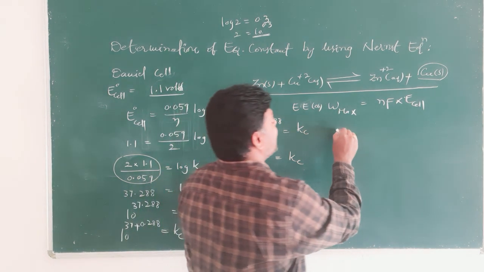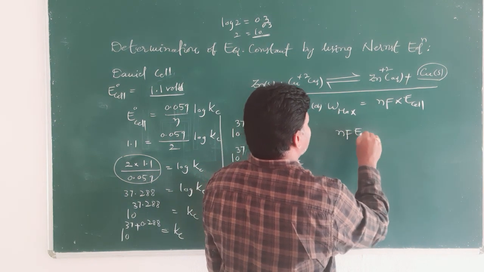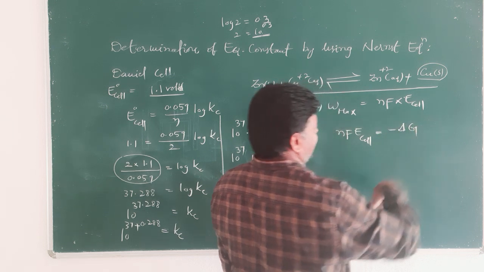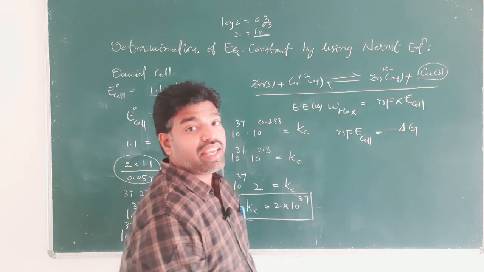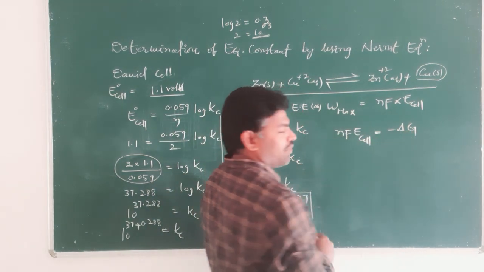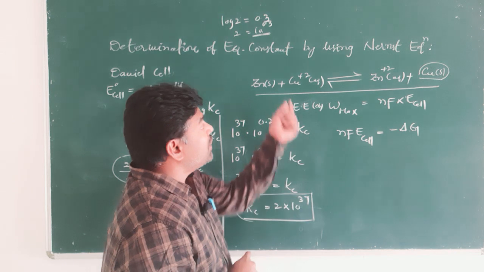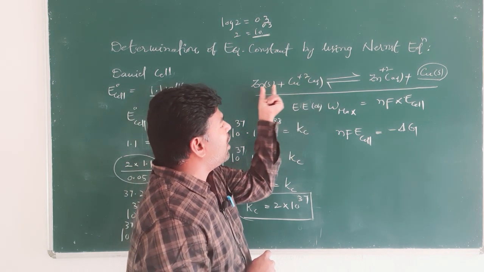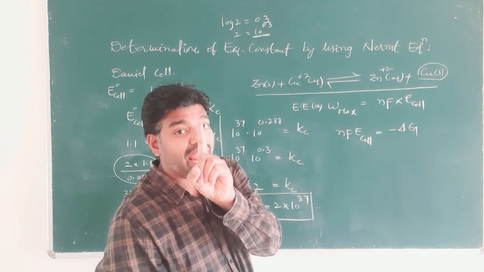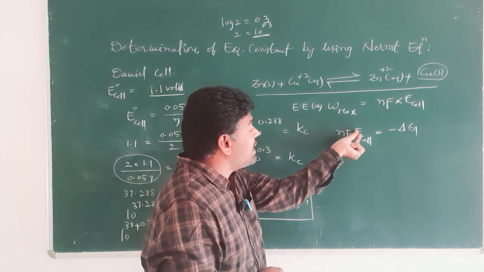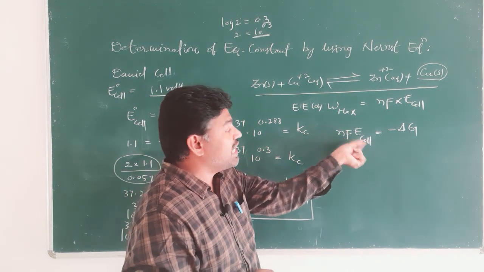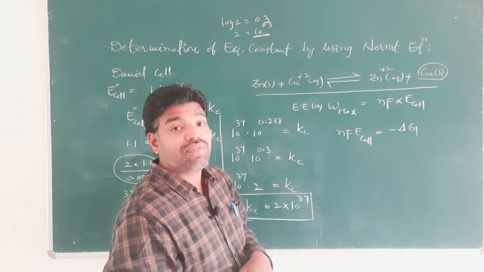That is, nF E cell is equal to minus delta G. For example, if all the species involved in this redox reaction are maintained at unit activity, then the EMF of the cell becomes the standard EMF of the cell.